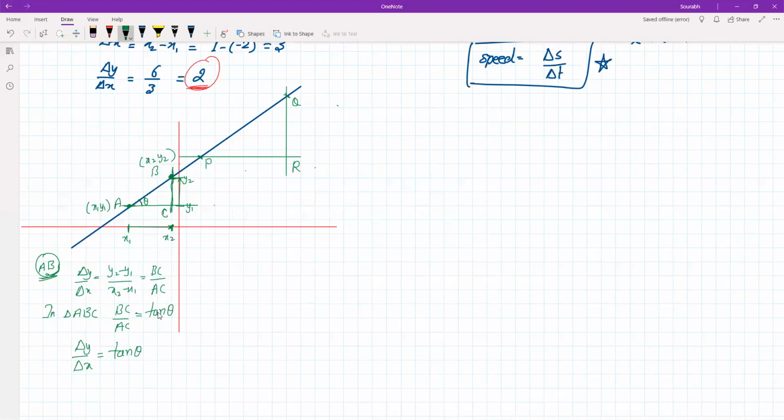Let this point be R. So if P is say x3 comma y3 and Q is x4 comma y4. Now is this delta y? And if it is delta y, what is that? Y4 minus y3, and this is delta x, and it is x4 minus x3, correct?